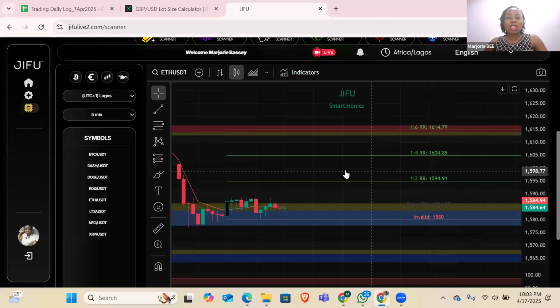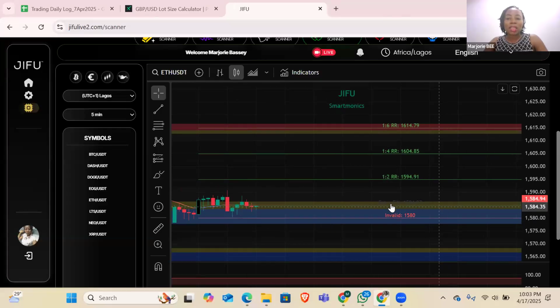Now, in a buy trade idea, you can see that the entry is in a blue zone because you're buying. I told you, you buy from a blue zone and you sell from a red zone. So this trade idea is in a buy zone, and if you place your cursor here, the entry is around 1585, and the entry fill is there.